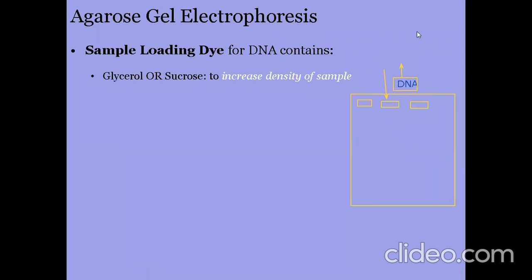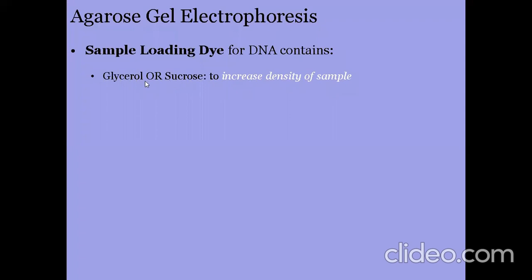These sample loading dyes are there. Wait, I will check the chat. So loading dyes are there, and these loading dyes consist of glycerol or sucrose to increase the density of the sample.